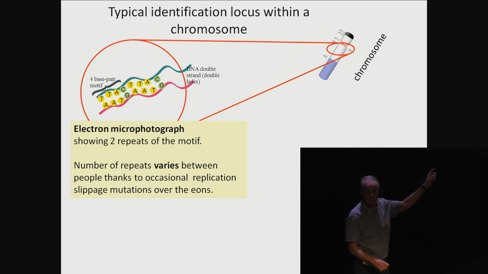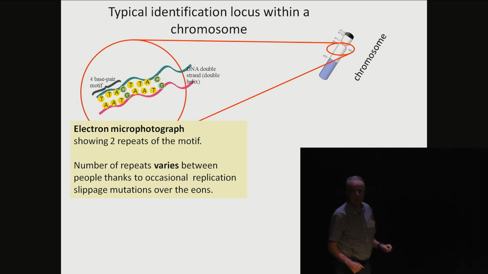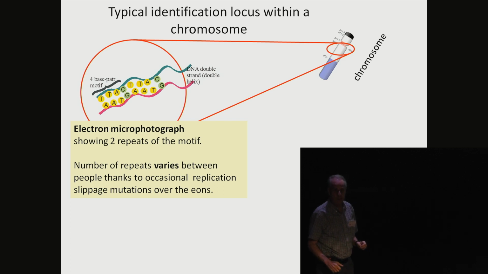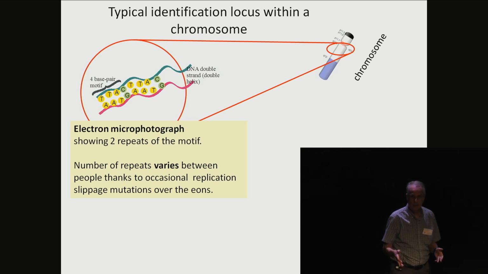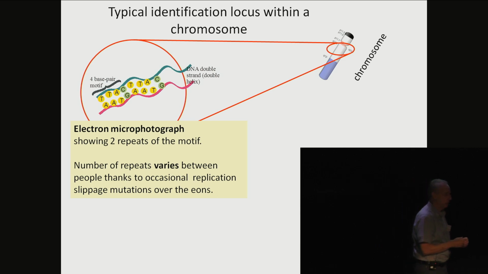So the TTAC is repeated a number of times, and that turns out to be an easy thing to assay, to measure. And the number varies from man to man, which means that it's useful for identification purposes.